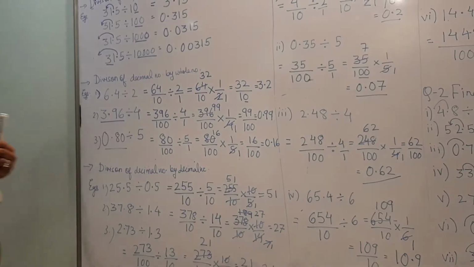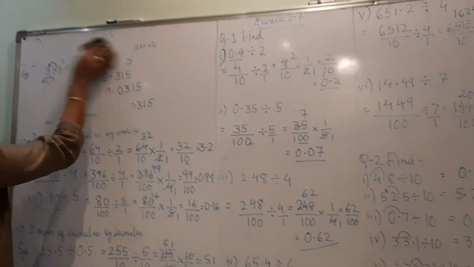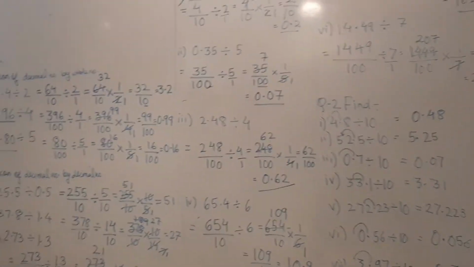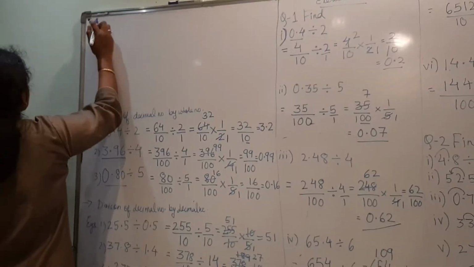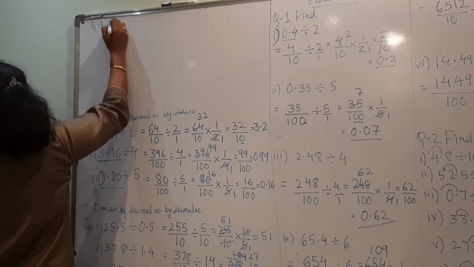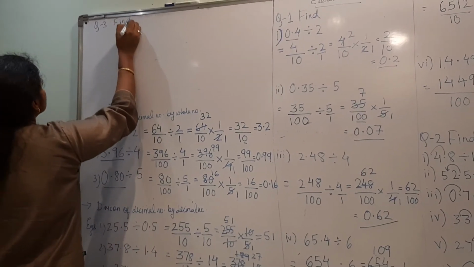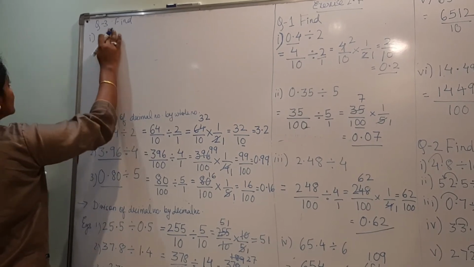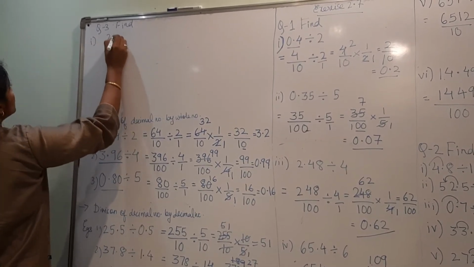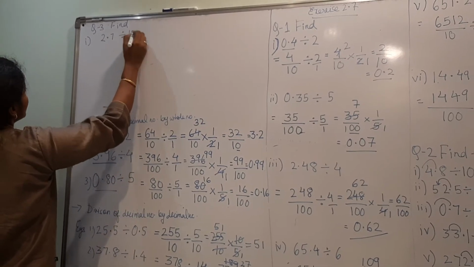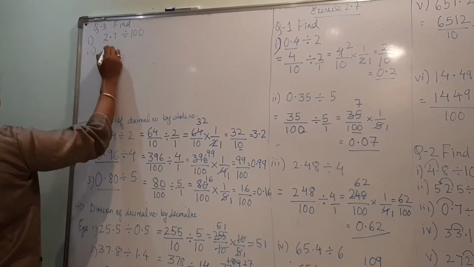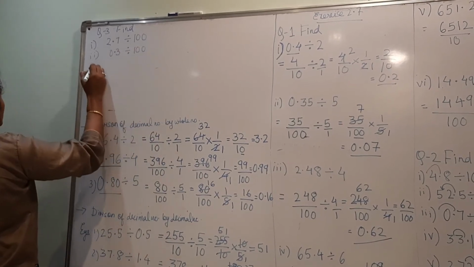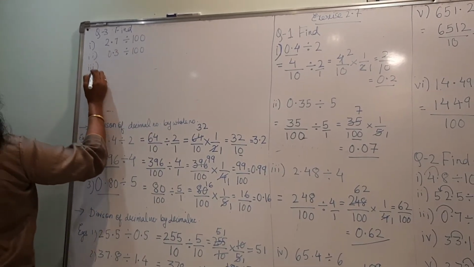Everything is divided by 100. So I will just write it very fast. Question 3. Find .7 divided by 100. Second, everything is divided by 100. So it will shift 2 places towards left.